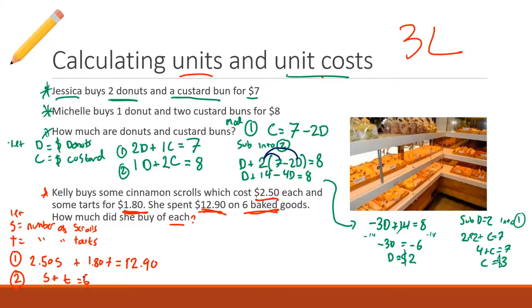I could have done something very similar in the top question. If I had said donuts cost $2 and custards cost $3, and they bought this many, it's the same sort of thing. Instead of knowing how much we're buying in this one, we don't know that. We just know how much.